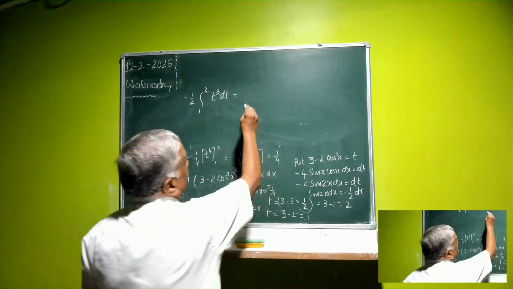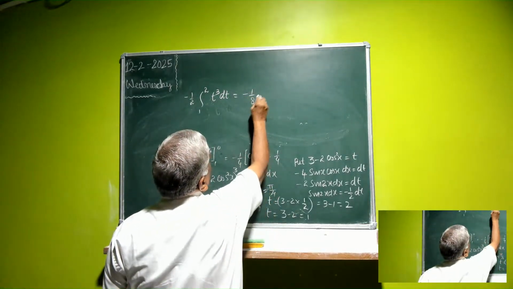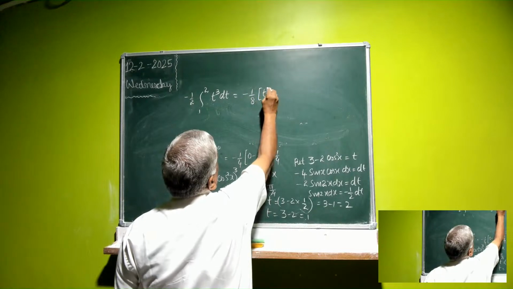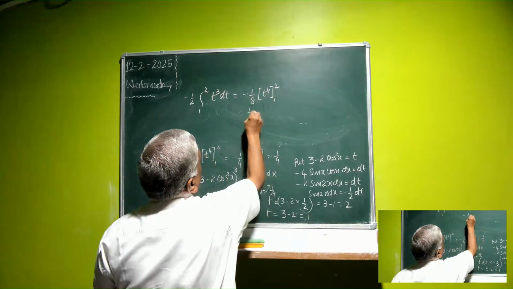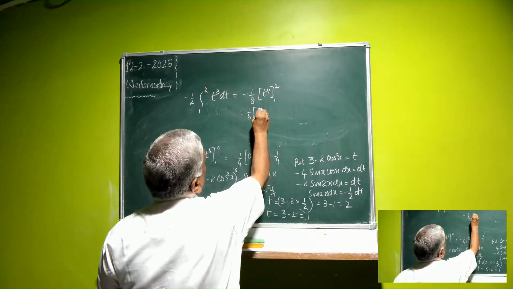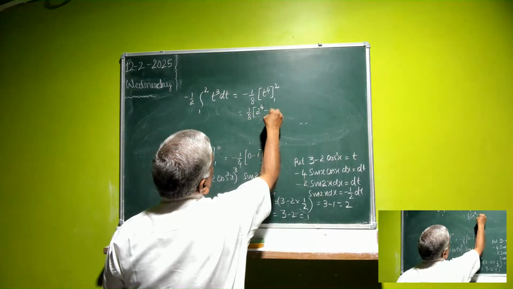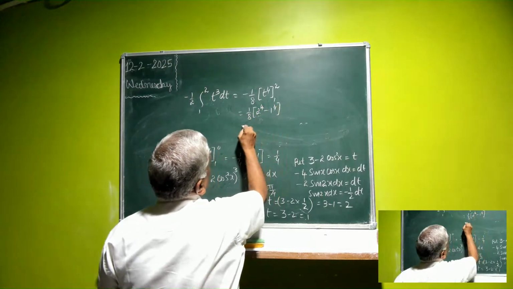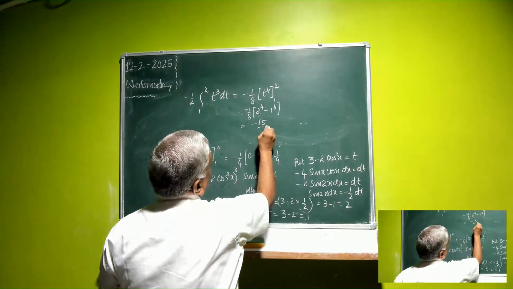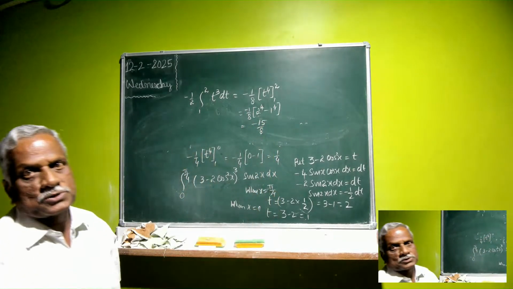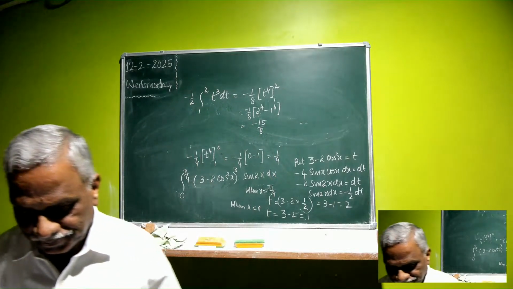T cube integrates to t to the power of 4, so it becomes 1 by 8 t to the power of 4, from 1 to 2. That is 1 by 8 times 2 to the power of 4 minus 1 to the power of 4. Minus sign is there. It is minus 15 by 8, because 2 to the power of 4 is 16.